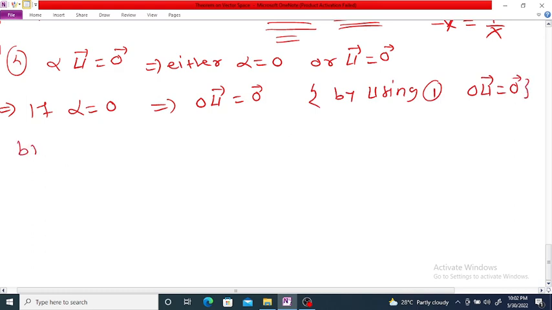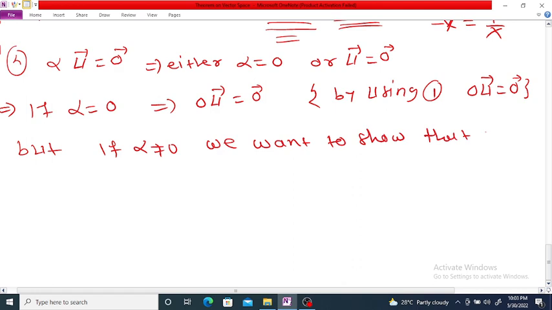But if alpha is not equal to 0, we want to show that u bar is equal to 0 bar.